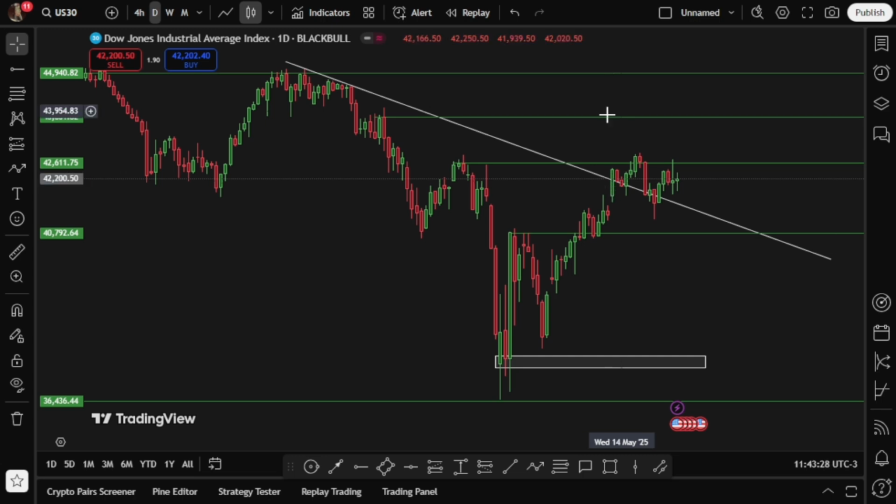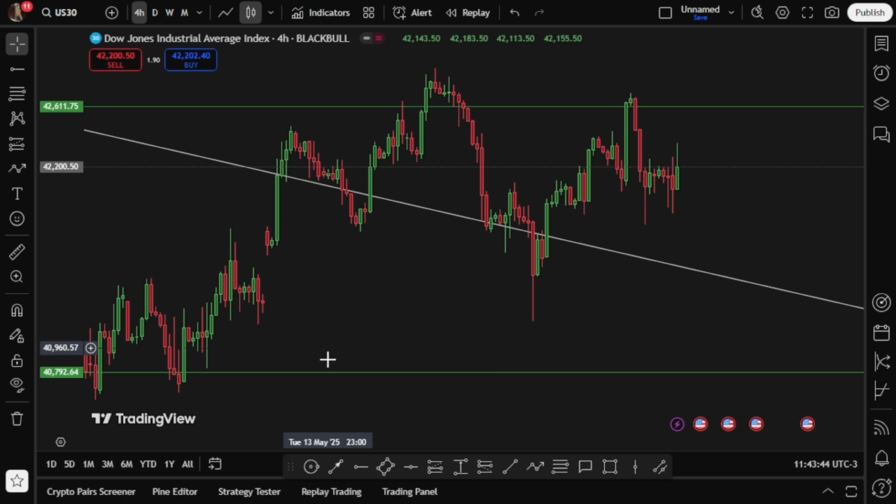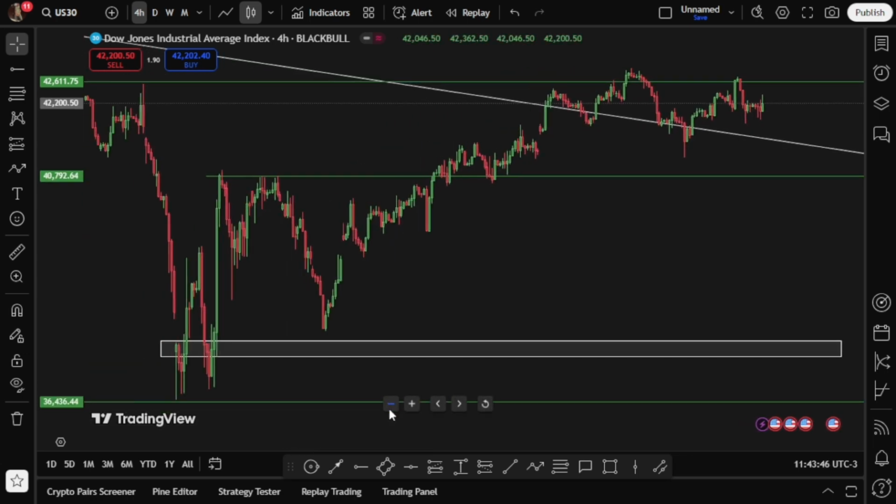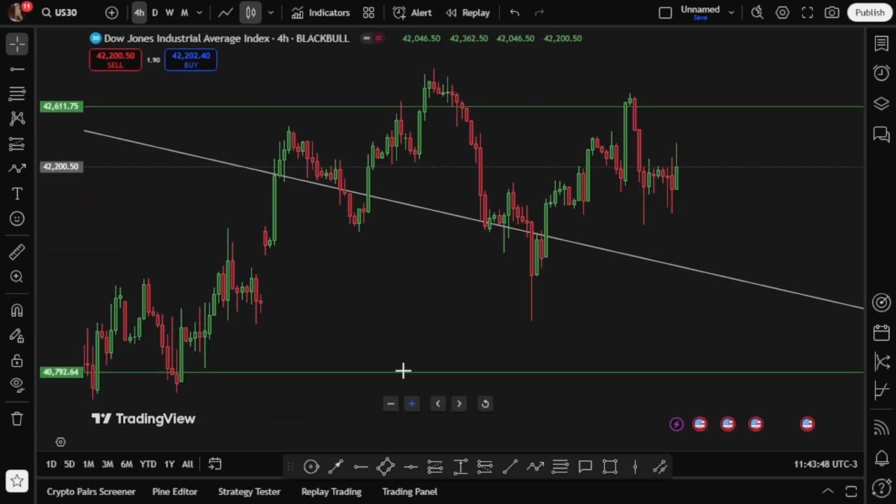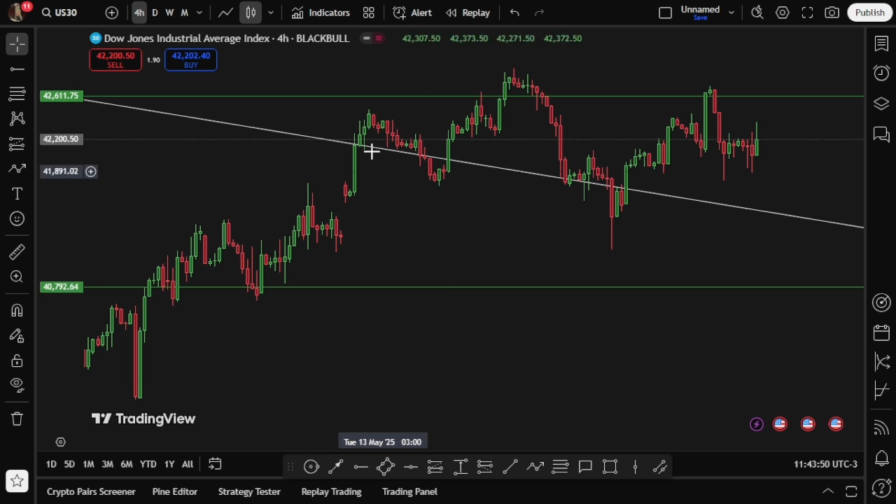When I saw that price broke above the neckline with this candle, I wasn't interested in the trade, because it didn't break the counter trend line. But when I scaled down to the 4-hour time frame, I saw that price broke the counter trend line with this candle.